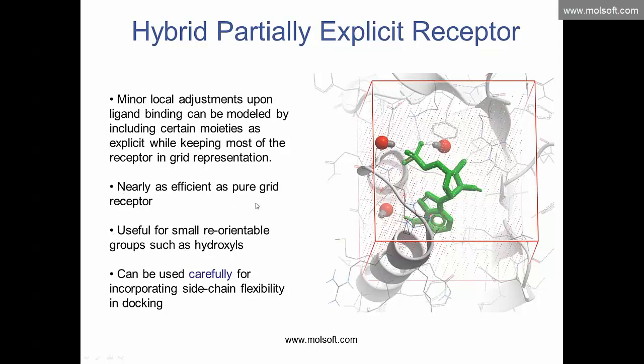So it's nearly as efficient as pure grid docking, and when it's used carefully it's very useful for finding new leads. By carefully I mean there's no point selecting all the residues in the pocket. Not all of them are going to be flexible.